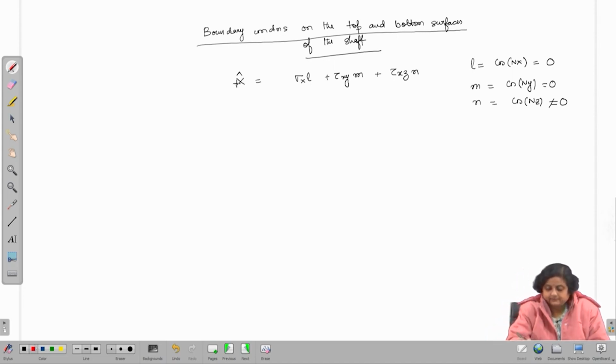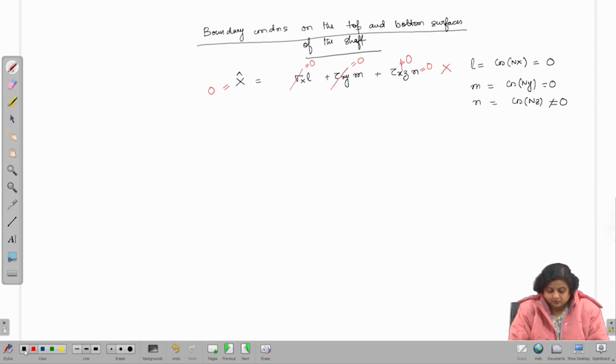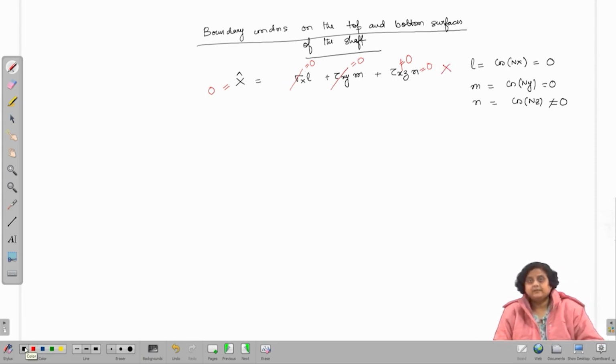So, it is not equal to 0 and it is equal to 1. Now, let us see what happens here. So, x hat is equal to 0. Let us see whether this is being satisfied. Sigma x is 0, tau x y is 0, but sigma x z is not equal to 0, and n is equal to 1. So, this condition is not being satisfied. So, this force free condition on the top and bottom surface is not getting satisfied.